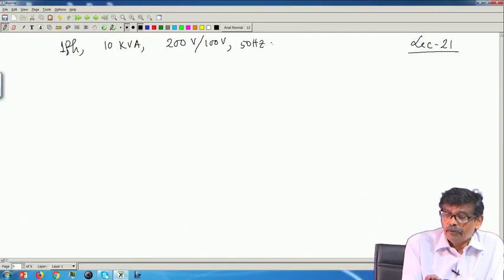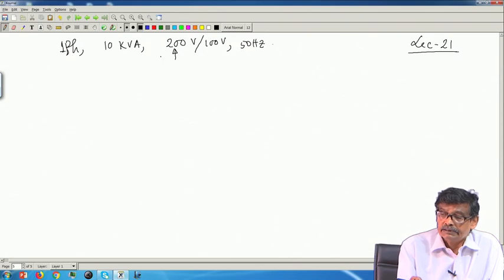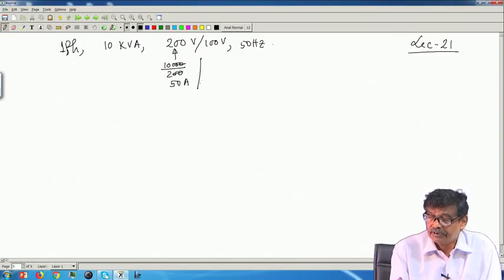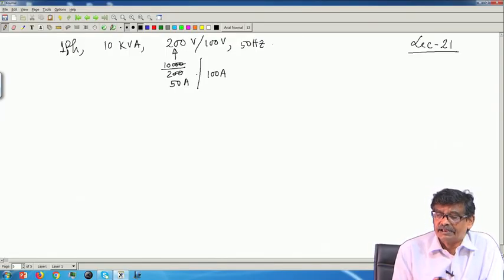I told you, the moment you know the rated currents, always do that. So 10,000 by 200 will give you the rated current of the high voltage side, 50 ampere. And of course, the rated current of the LV side will be twice this amount, 100 ampere. Suppose this is the rating of the transformer.